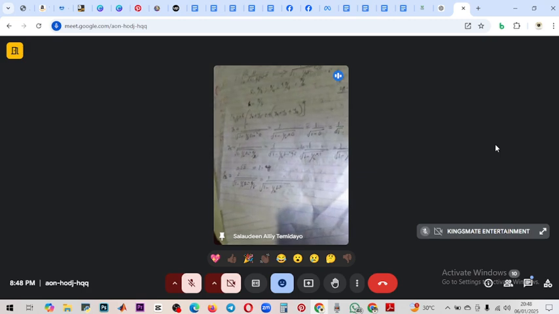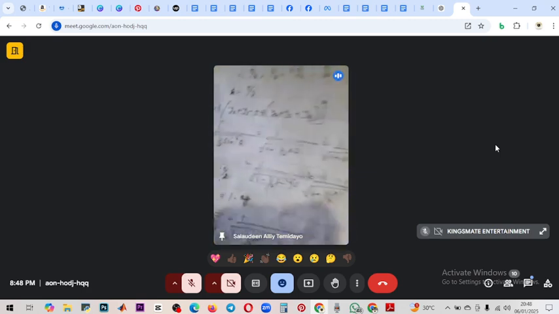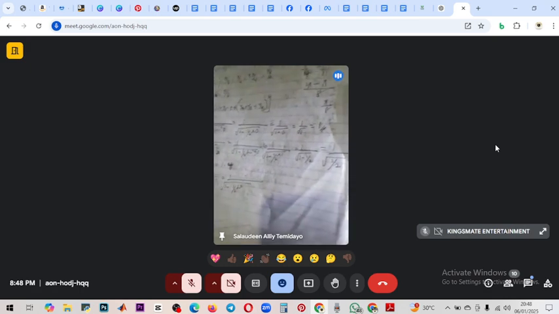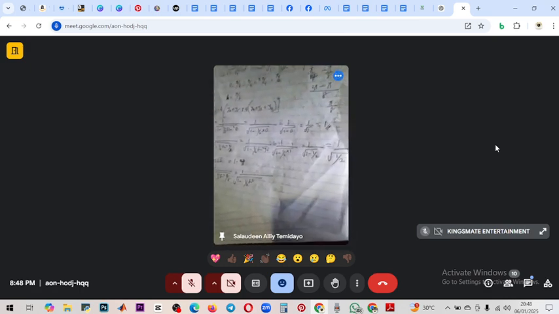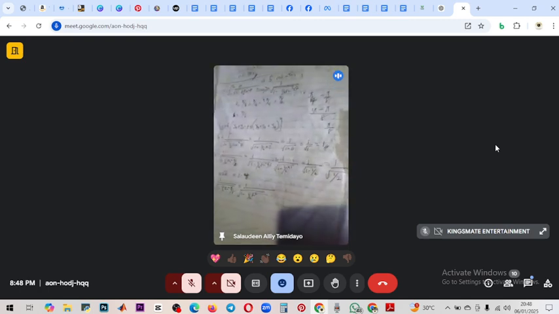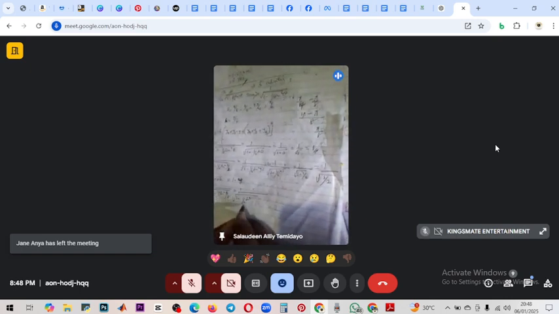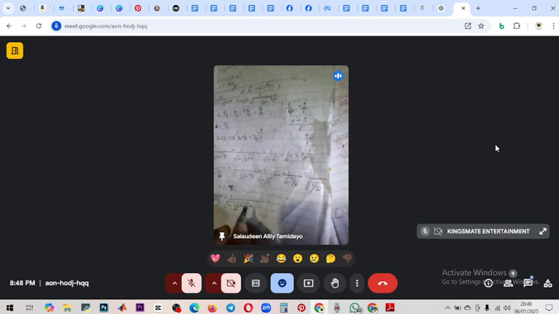We know that pi is 180 degrees. So pi over 4 means 180 degrees divided by 4, and that is 45 degrees. Now pi over 8 is going to be 22.5 degrees.